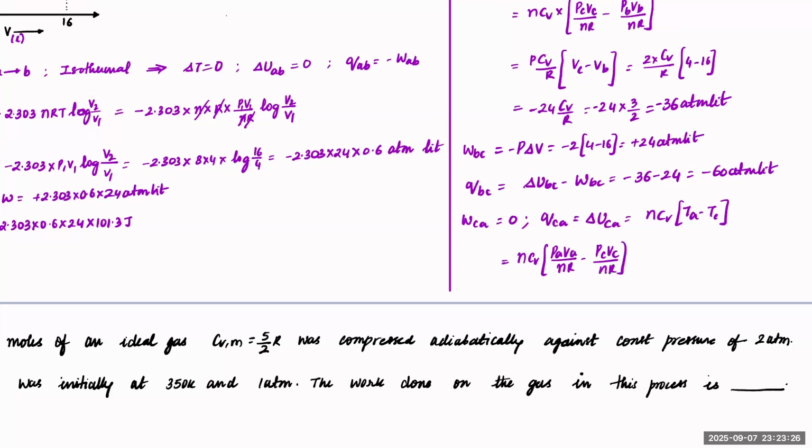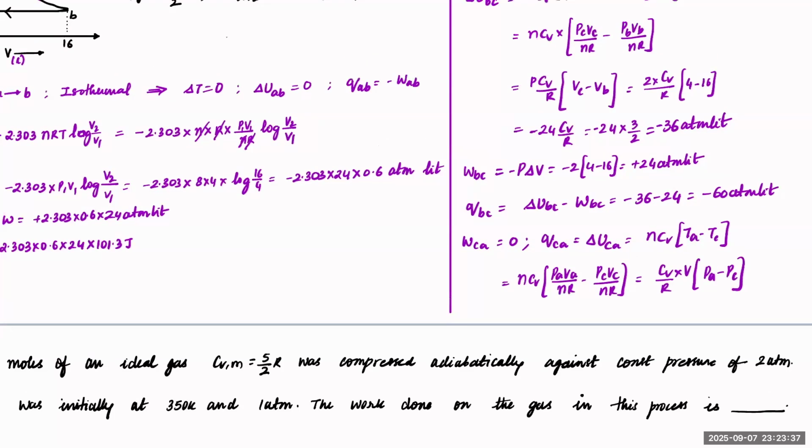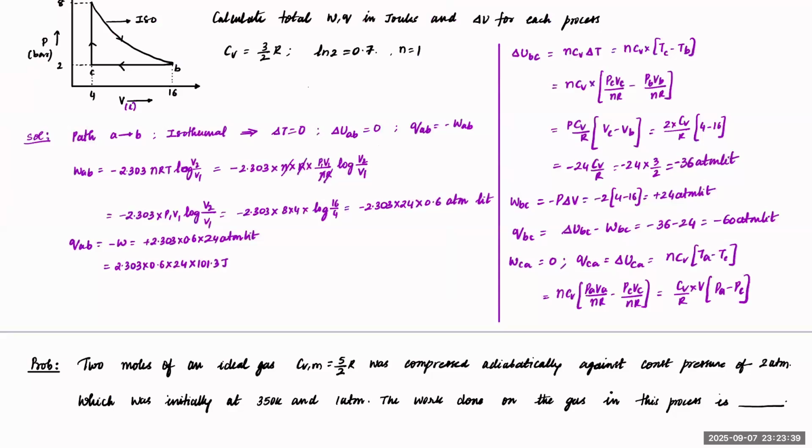Again, n will get cancelled, Cv by R will remain, and V is constant here, so I can pull it down. So it will be PA minus PC. If you simply substitute that, you will be able to get the value of QCA or delta U.